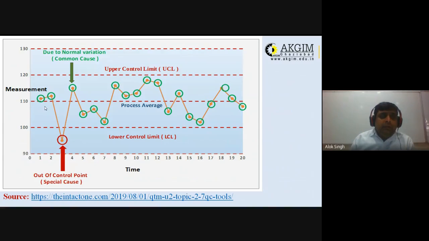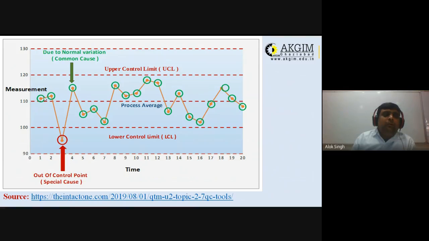Okay. If you are measuring something, and you want the mean to be 110. Say you are weighing and giving some product by weight to your customer. If the weight is 110, that is what the customer is expecting to get. And when you are weighing all the time, you will get the following patterns.